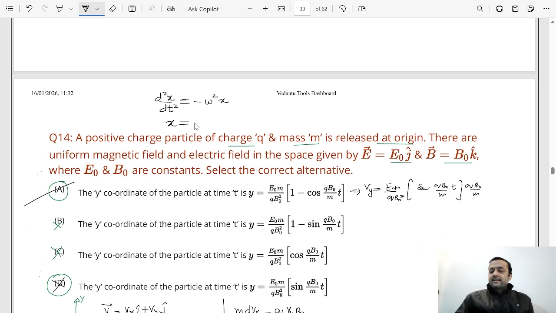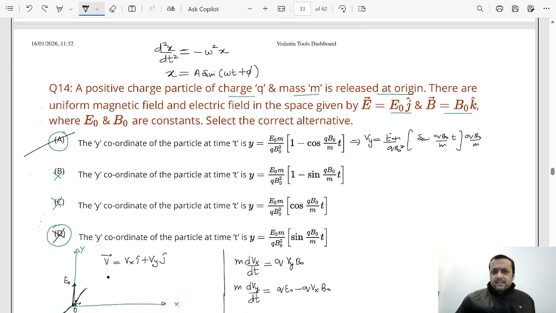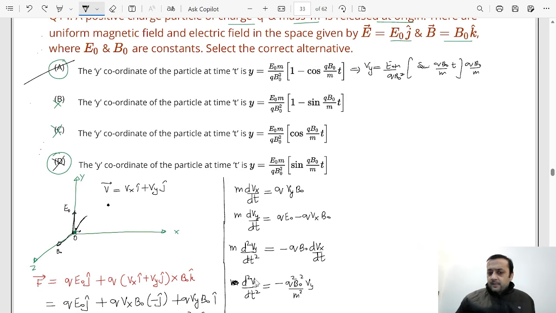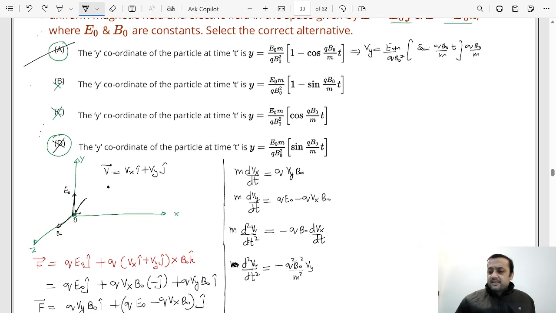You can write x equals A sine of omega t plus phi, where A is called the amplitude, the maximum value of x, and omega is the square root of this constant, called the angular frequency. If you replace x by vy, this becomes d2vy by dt2 equals minus constant square into vy, so this function perfectly satisfies the SHM equation.